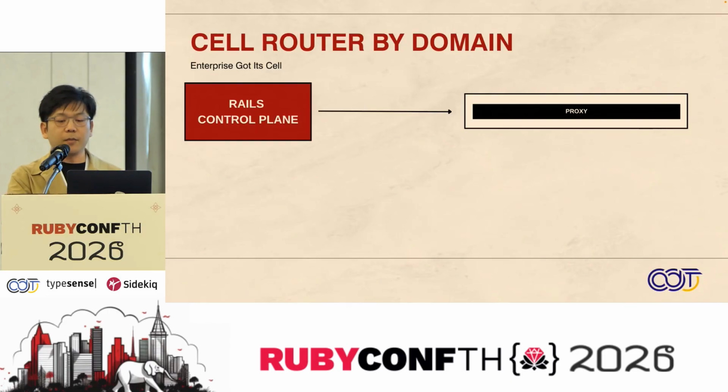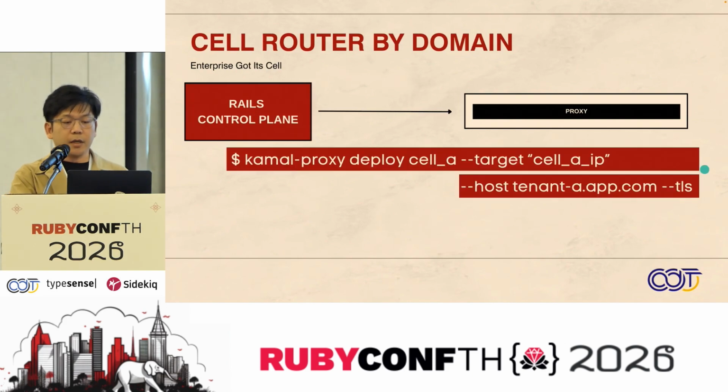We don't have to hand edit a big config file, or reload and restart it manually like we would with Nginx. So we just use a Kamal Proxy command to deploy with the right options.